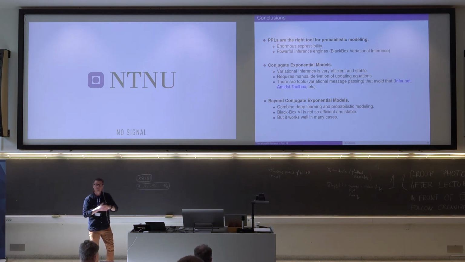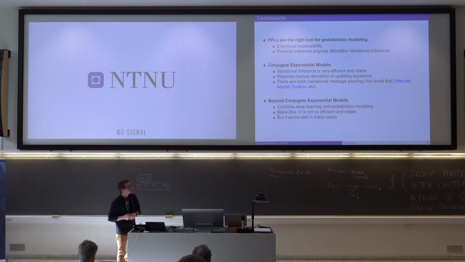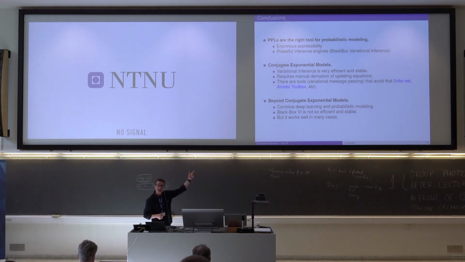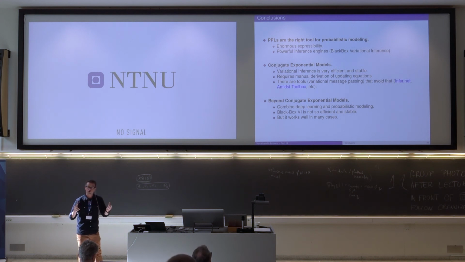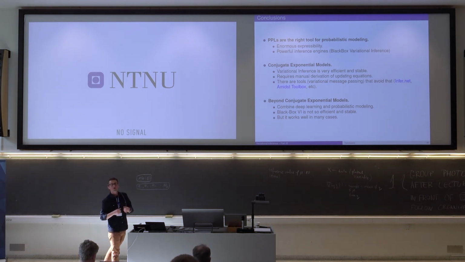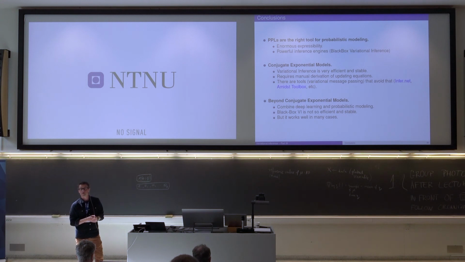And we also looked at how, if we go beyond the conjugate exponential models, we are able to combine these powerful techniques from the deep learning community with our probabilistic models. We can work in a very general fashion using black-box variational inference, but we also see that there is a lot of variation in the gradient estimates that we get using black-box variational inference.